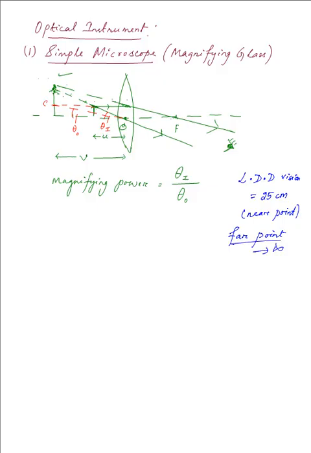But as of now, what we wish to consider is that the image distance for clearly and distinctly viewing any object is at the least distance of distinct vision. So as a result, suppose we have the object as AB, and we have the image as A prime B prime.